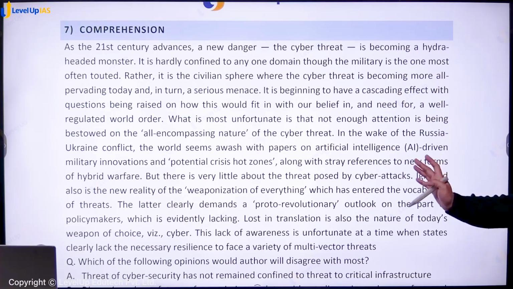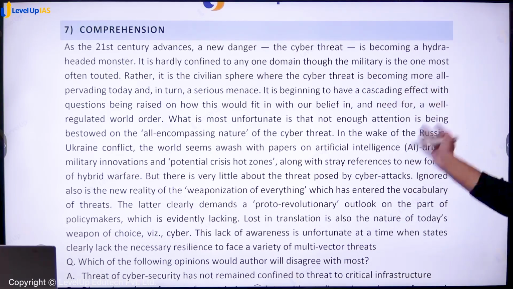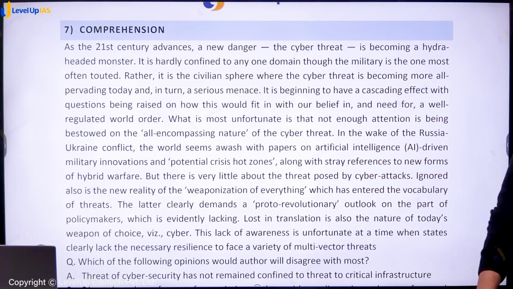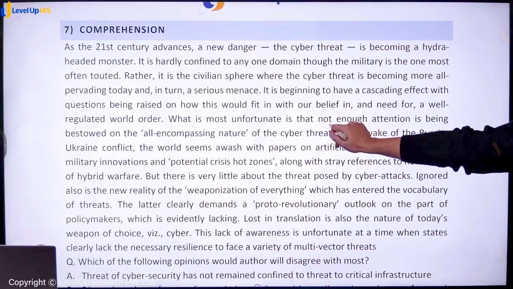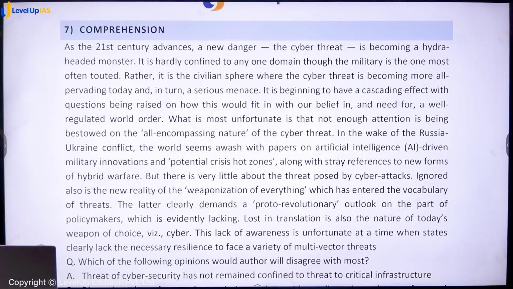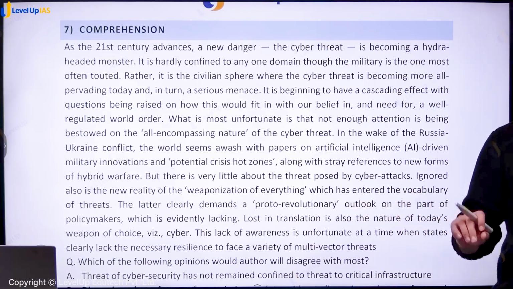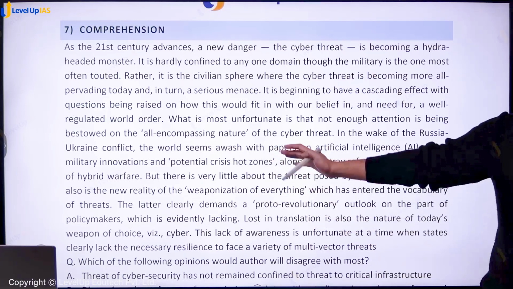So, author is talking about cascading effect it might have on world order as a whole. What is most unfortunate is that not enough attention is being bestowed on the all-encompassing nature of the cyber threat. All-encompassing, everywhere, every field, everybody, it will affect everything.